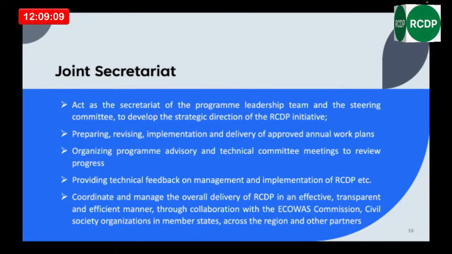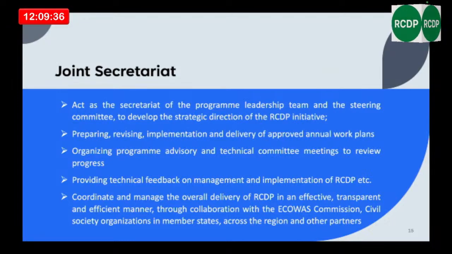Here we are. These are the main functions of the Joint Secretariat, which as I mentioned, will be based here in Abuja, and we're going to pool our resources within the consortium of partners to make sure that we have a functioning secretariat that's able to implement its mandate. And these are, again, outlining the main functions. It will act as the secretary of the program leadership team and the steering committee to develop the strategic direction of the initiative.